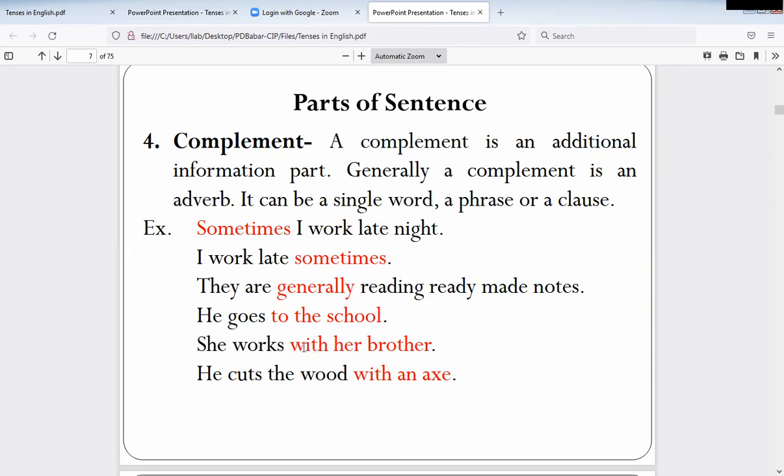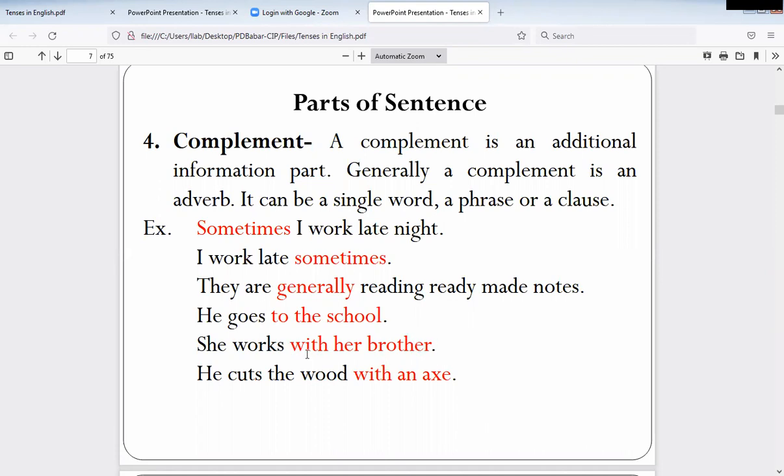Here with her brother is called a phrase. Okay, with her brother is the noun phrase, because her is the pronoun in this sentence, with is the preposition of the sentence, and brother is the noun, and brother is the main word in this sentence, and that's why it is called a noun phrase.